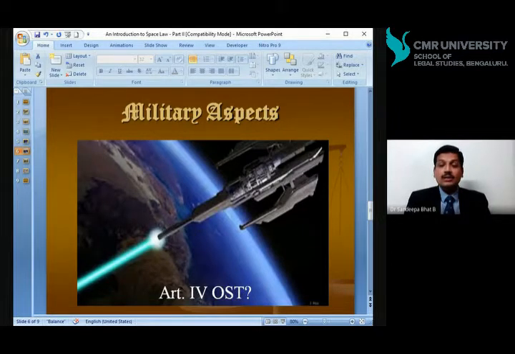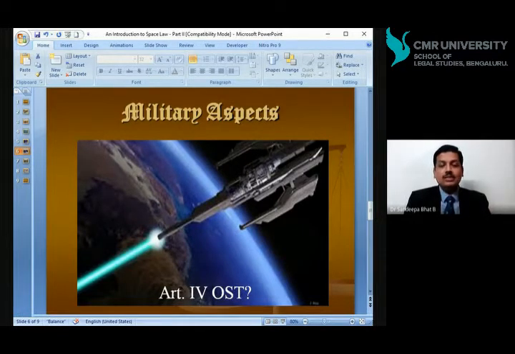But unfortunately, Article 4 has many loopholes in terms of interpretation. While it has 2 paragraphs, the first paragraph prohibits the placement or orbiting of nuclear weapons or any other kinds of weapons of mass destruction.